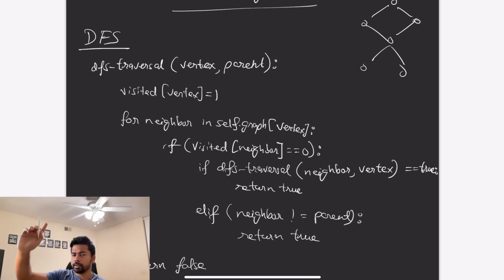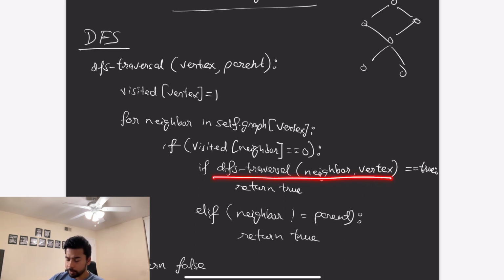If my clone does his thing and tells me, hey, I found a cycle, I'm going to be like, my clone found a cycle, which means I found a cycle. A cycle exists. So I'm going to tell whoever called me that, hey, I found a cycle. And it's just going to permeate. So the function returns a Boolean, returns if we found a cycle or not.